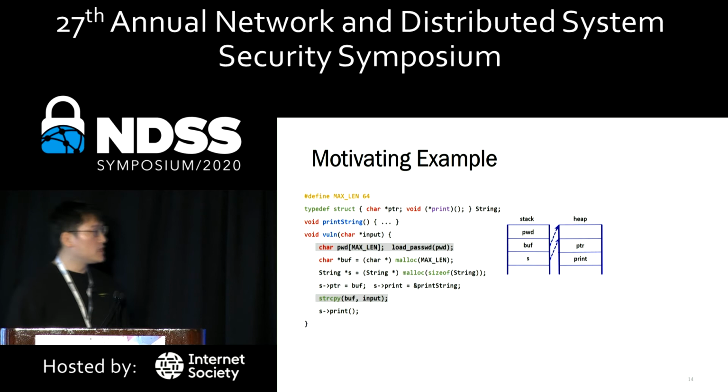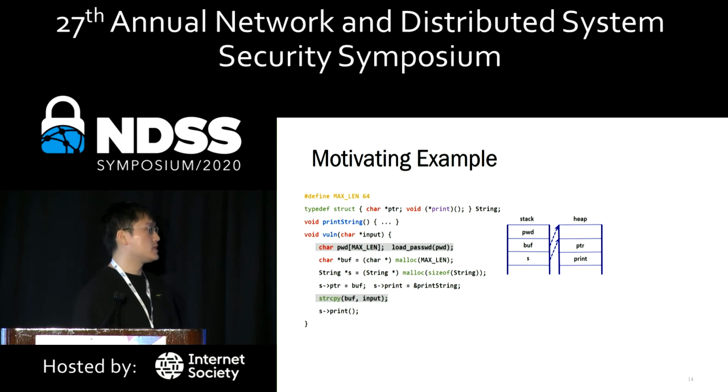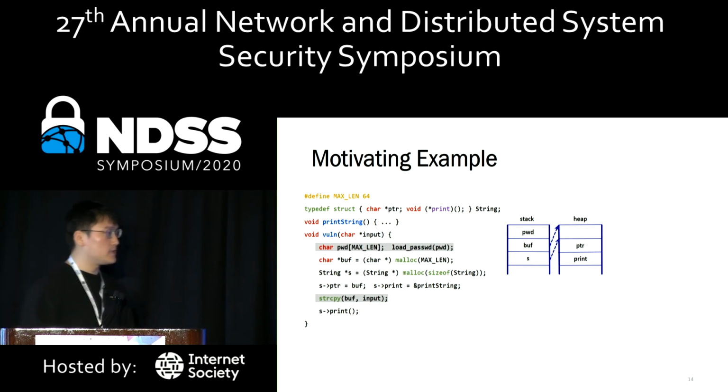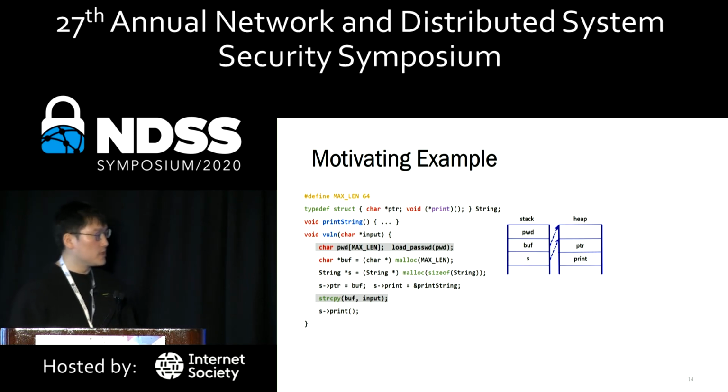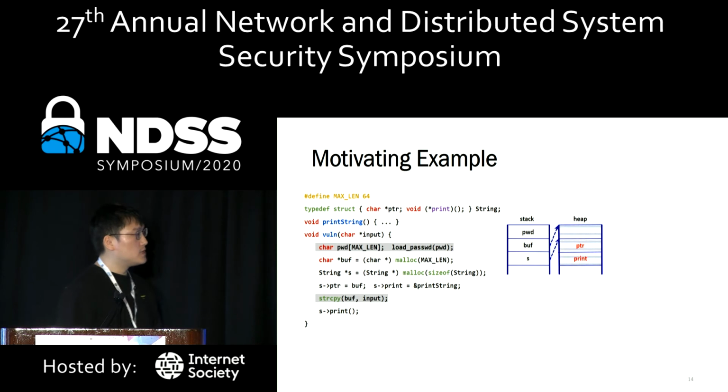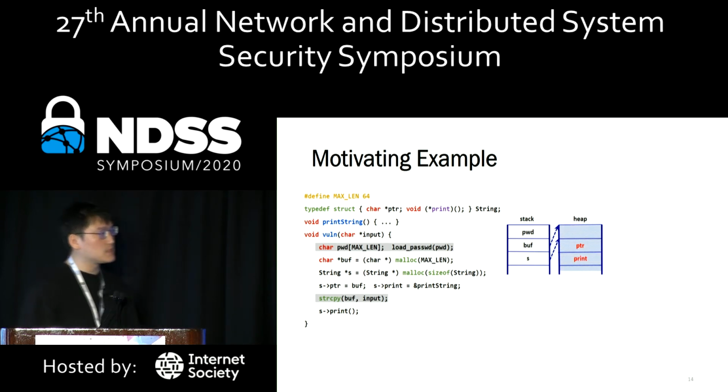Here's a motivating example that we use to motivate our research. This is a simple program which asks the user to input a password, and then dynamically allocates a string object which is stored on a heap. Unfortunately, due to a string copy vulnerability, there's a heap overflow, and it can overwrite everything inside the string object, including the function pointer.